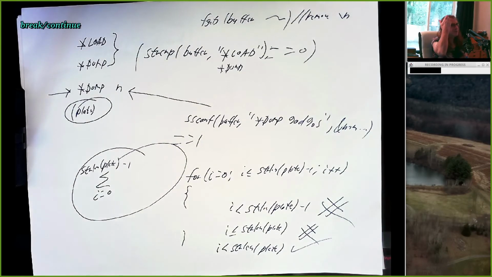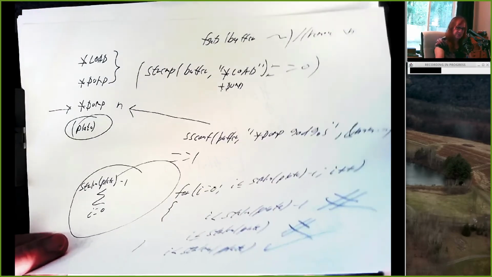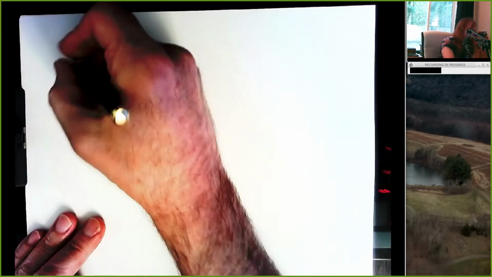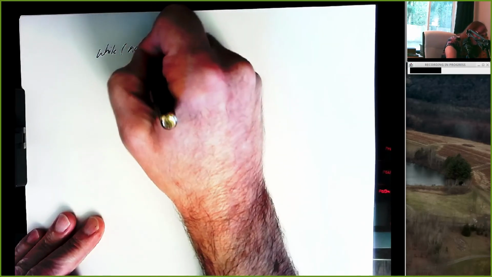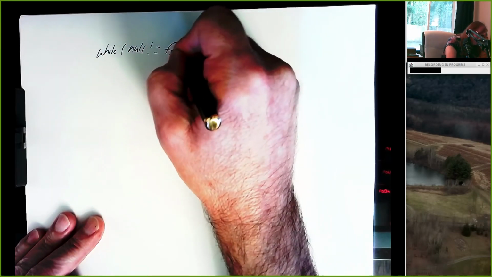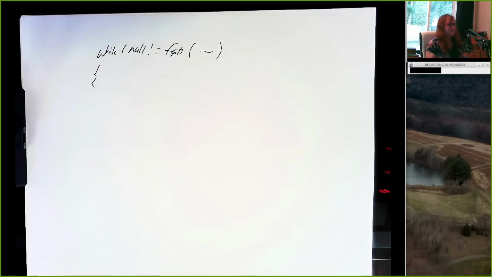Along the lines of parsing, break and continue are really nice things when you're in a loop. So most of our programs, we write these while loops. And so, maybe we do something like, well, null is not fgets, which calls fgets to read in a line and checks to see if we hit end of file.